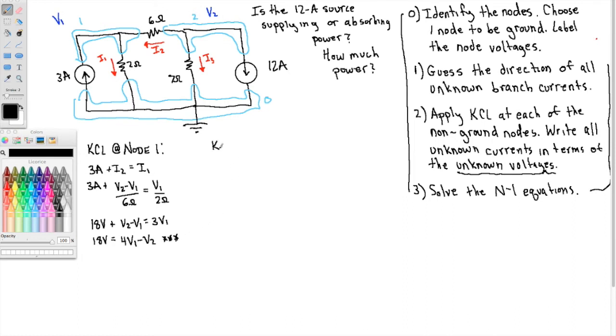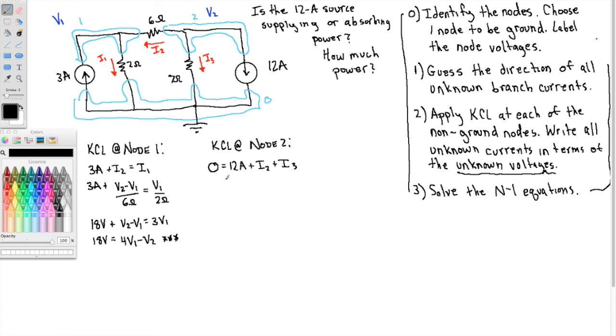Now let's do KCL at node 2. At node 2, none of the currents are entering. Okay, that's good. That means that one of my guesses is wrong. So 0, a big goose egg there, is entering. Leaving then is the 12 amps plus I2 plus I3.